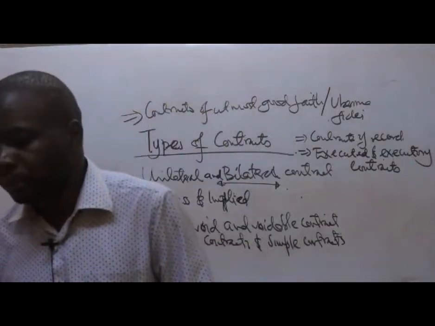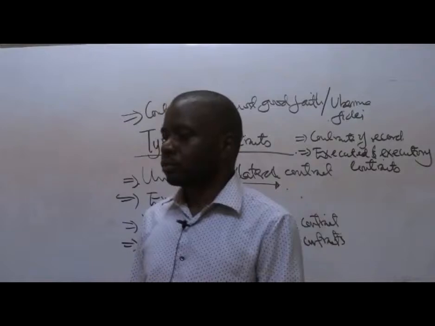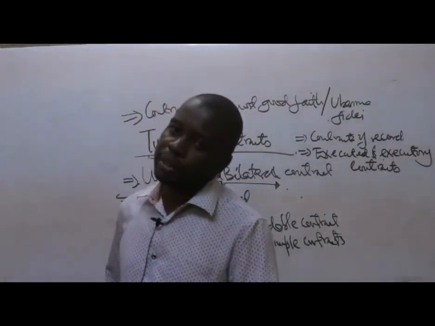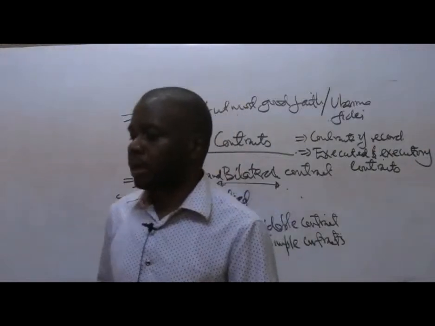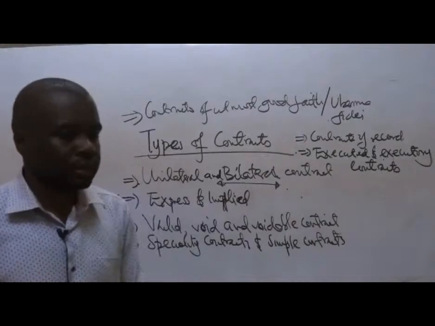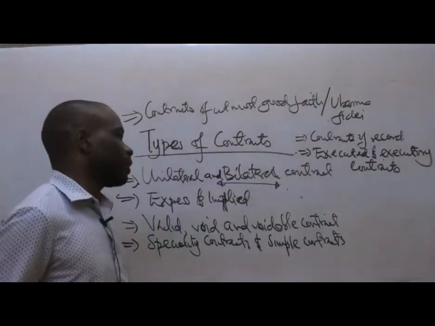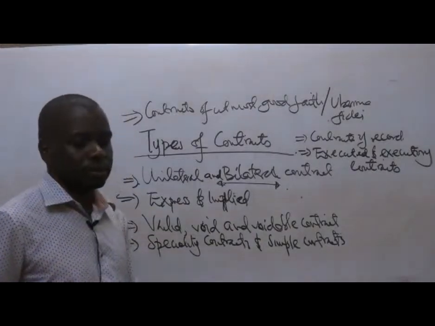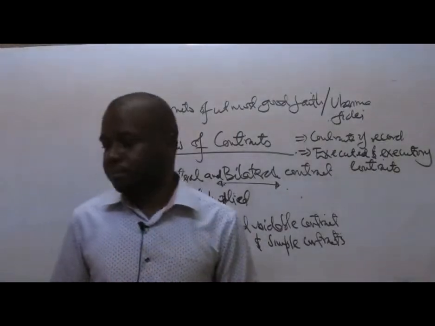So that's what we call a unilateral contract. Only one of the parties is bound. Bilateral contracts are the most common. In this case, both parties, the offerer and the offeree, are bound.